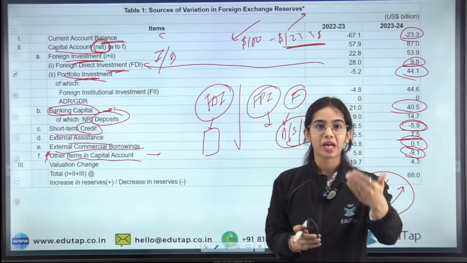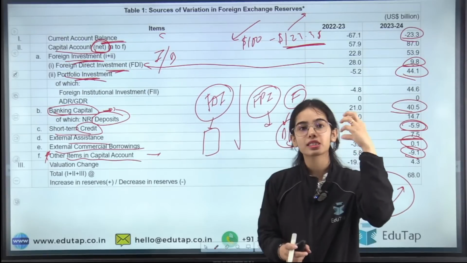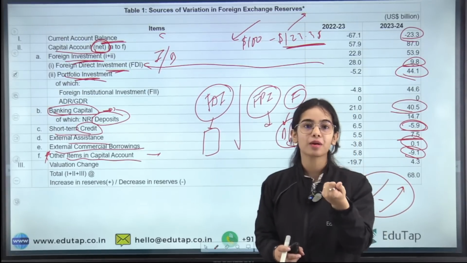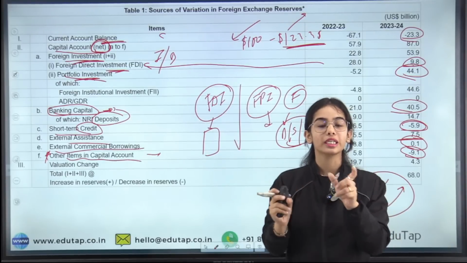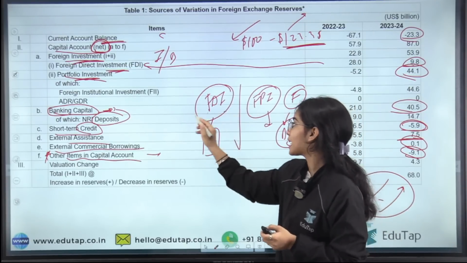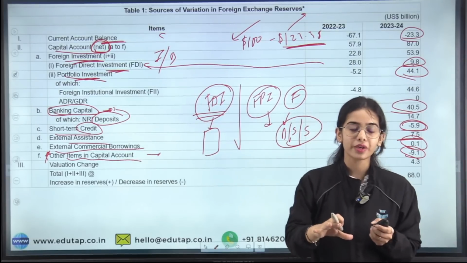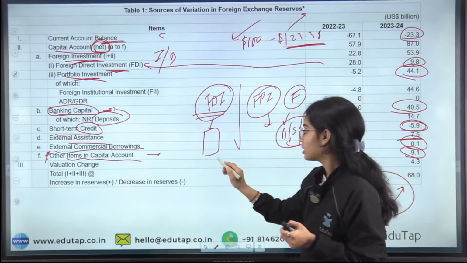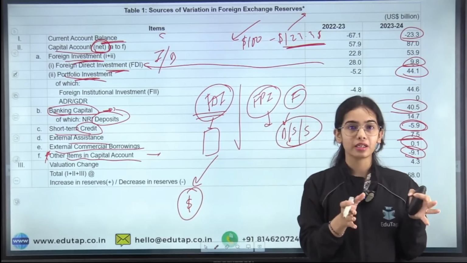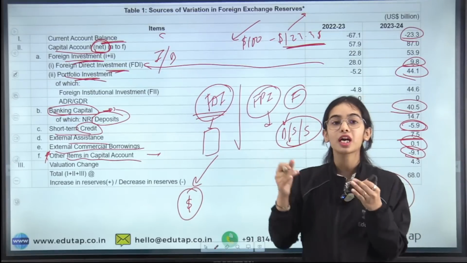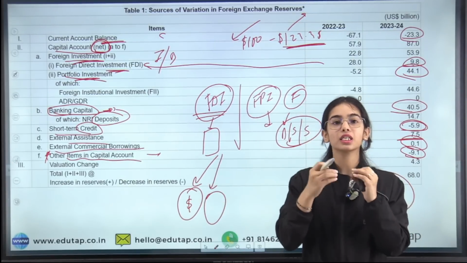The subsidiaries and branches are being set up in our country, or there is a majority holding of an Indian company by foreigners. Foreigners are having a good share in Indian companies. So that is FDI. When foreigners are opening their branches and subsidiaries in our country, they are bringing their dollars to set them up, or they are buying huge amounts of shares in Indian companies. So they have controlling interest in the Indian companies.